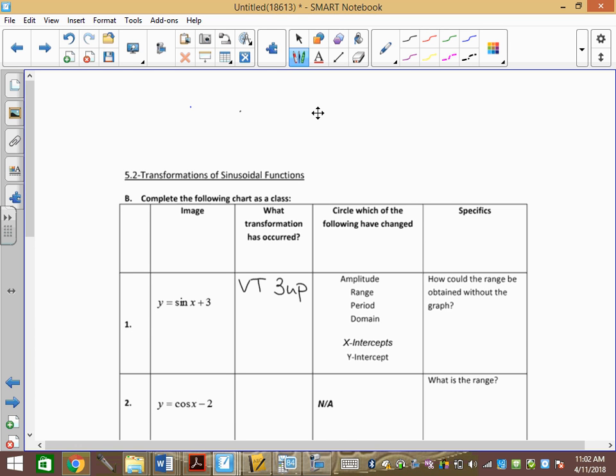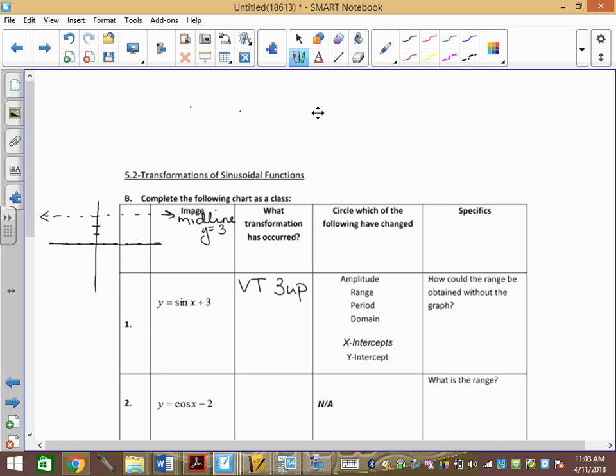Our amplitude is still 1, but instead of it now being a max at 1 and -1, our max is no longer there. We moved that lovely line that was normally here. It's now at 3. This is our midline. Our d value gives us our midline. So our midline is actually at y equals 3 this time. It's the same as our d value.